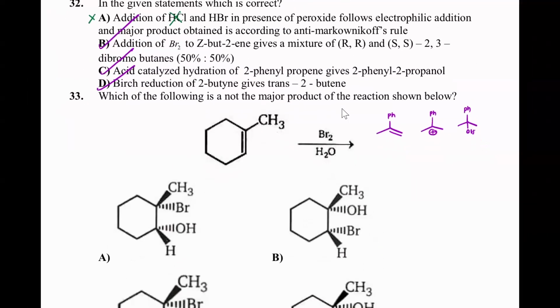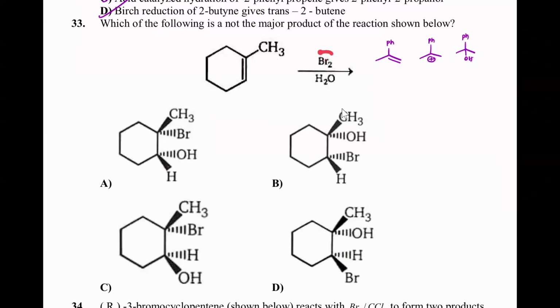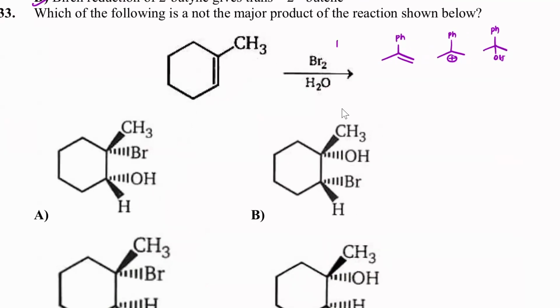33. Which of the following is not a major product of the reaction shown? Okay, Br2 and water. Now listen up carefully. When you have Br2 and water, you can have Br minus and water, and both will act like nucleophiles. But the electrophile is only one, which is Br plus. You know that the electrophile gets added here and the nucleophile will come at this position, and both should be opposite to each other.